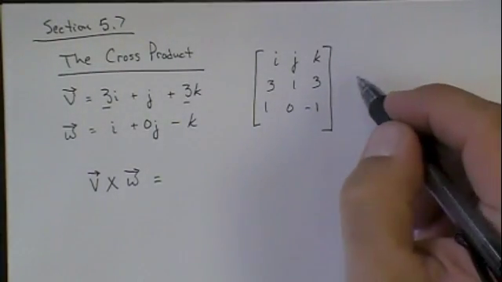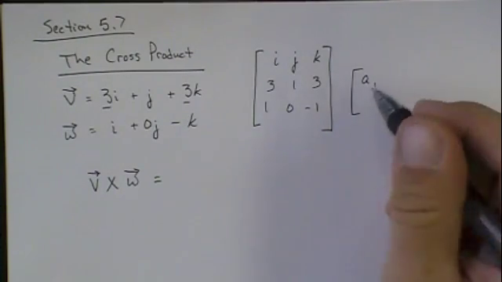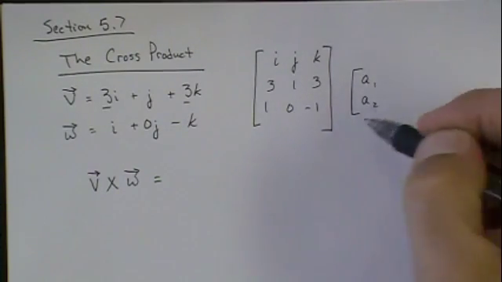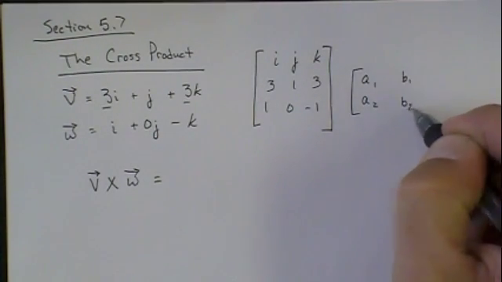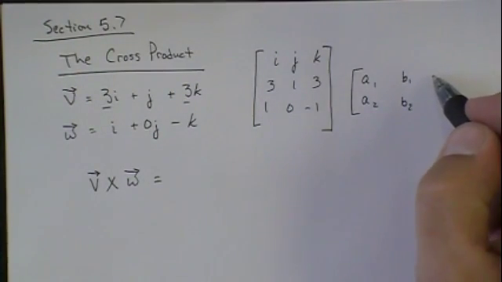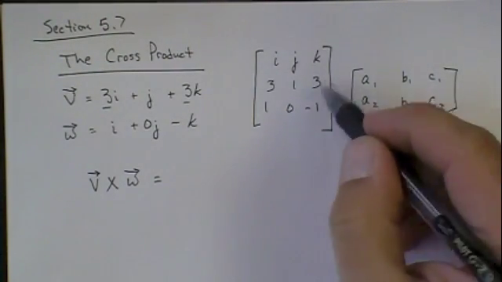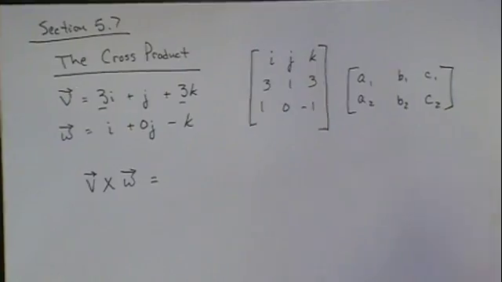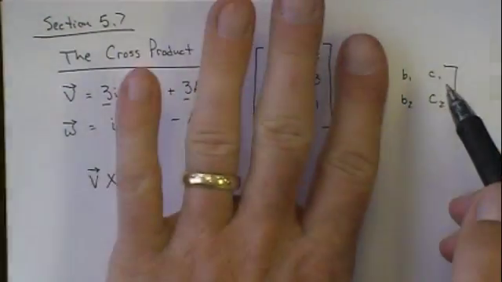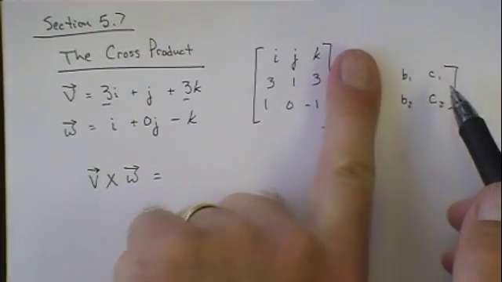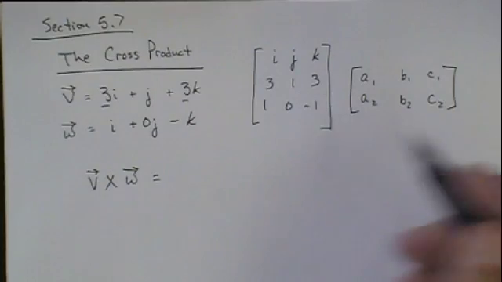So when we're talking about doing the cross product, remember what we're really looking at, if the A values are the i components and my B values are my j components and my C values are my k components, what we're going to actually take, just like doing a determinant, if I'm talking about the i component here, I will just do the determinant of the B and C values.